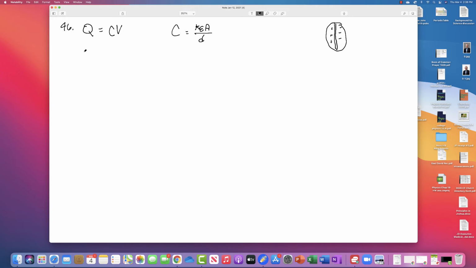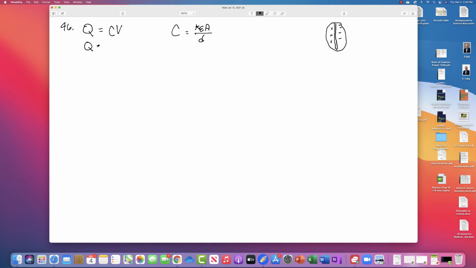And then this problem, number 46, asks the question, what is the charge stored in a 180 microfarad capacitor when it's charged with 120 volts? Okay, so this first one's very simple.